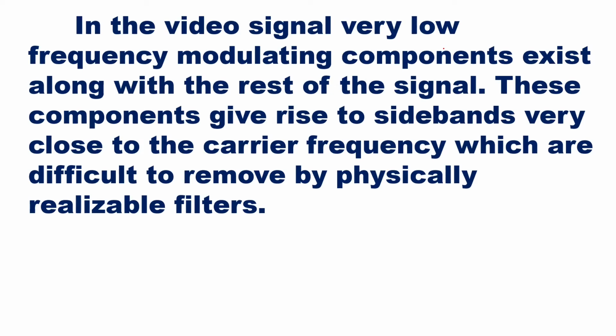So here, if you see the description of the video signal, there are very low frequency modulating components, that is, the components which are near your carrier. Say if this is your double sideband, then this is your center frequency, and here you have FC plus FM, and here you have FC minus FM.